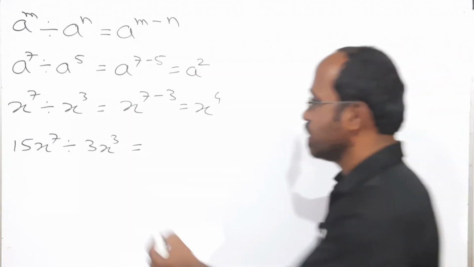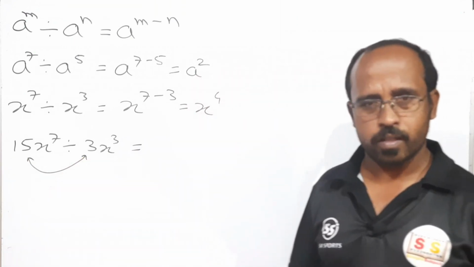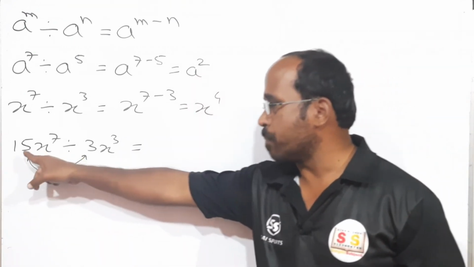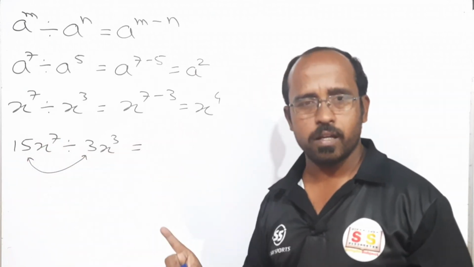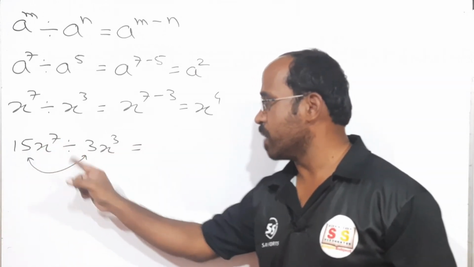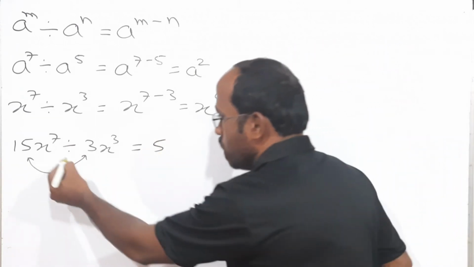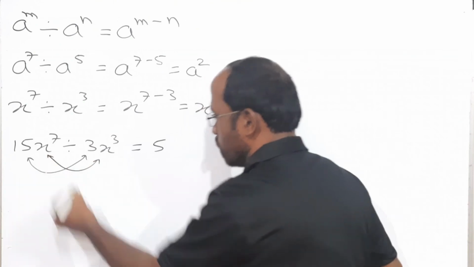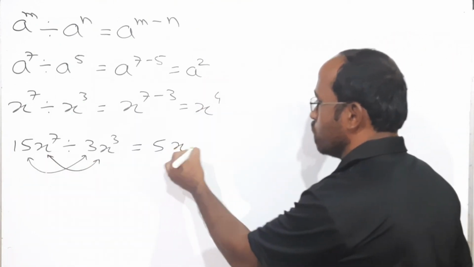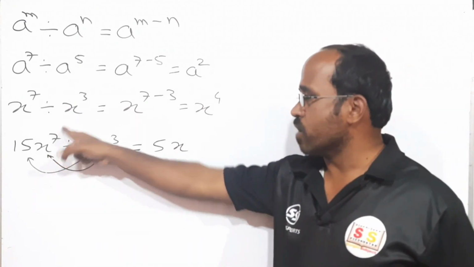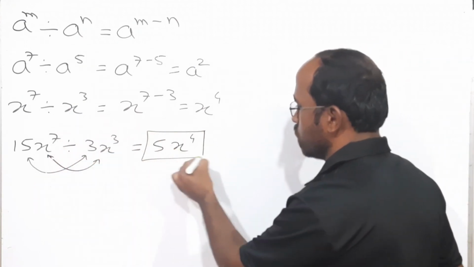The only extra thing is that coefficients are added. So we have to divide coefficient by coefficient. This 15 will be divided by 3, so 15 divided by 3, answer is 5. Clear? Then subtract variable by variable, like x raised to 7 minus 3, which is equal to 4, and this is our final answer. Got it, students?